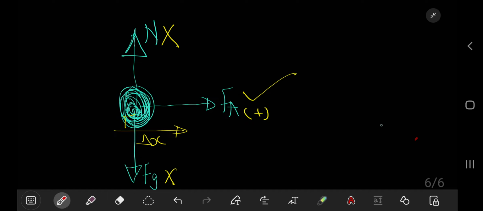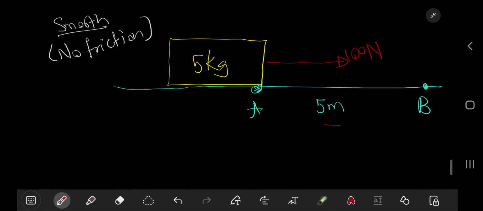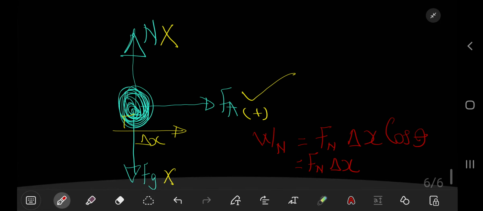If we check our formula for calculating work, the work done by the normal force would be equal to the normal force multiplied by the displacement, times cos of the angle between the displacement and the normal force. The displacement in this case is 5 meters.